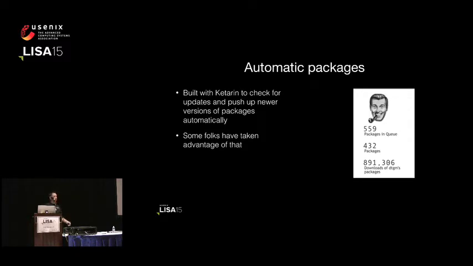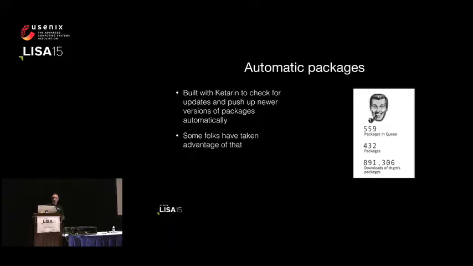There's a tool out there called Chocolatey Package Updater that will use Ketarin to reach out and check when newer versions of these particular packages are available. And when they are, it updates it on Chocolatey.org and pushes it up for moderation so that folks can then take advantage of that.